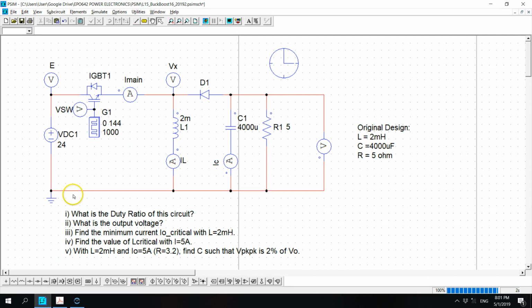Number 4 is find the value of L critical. We want to design the circuit such that the output current is 5 ampere.